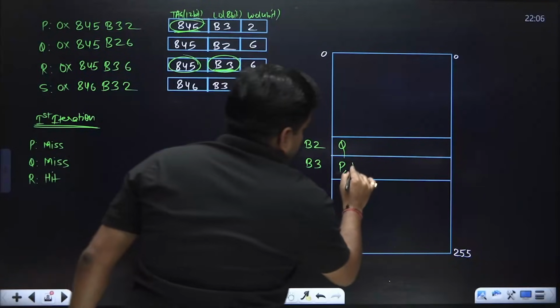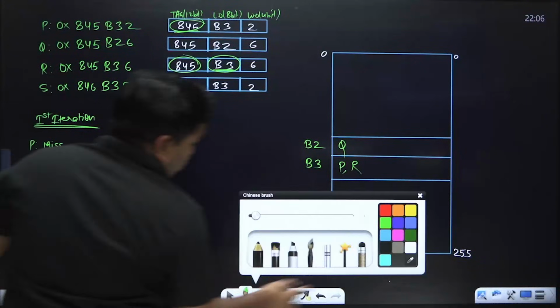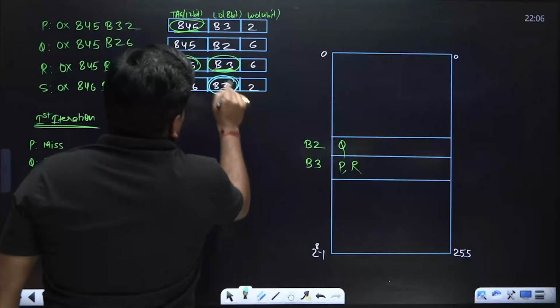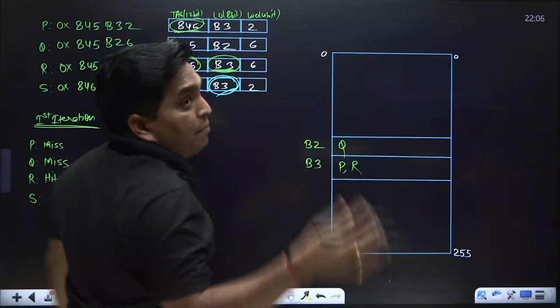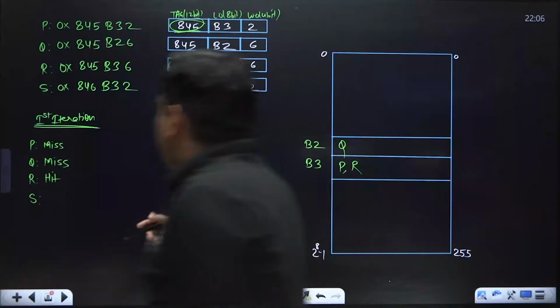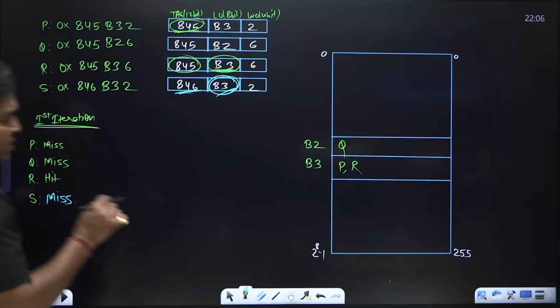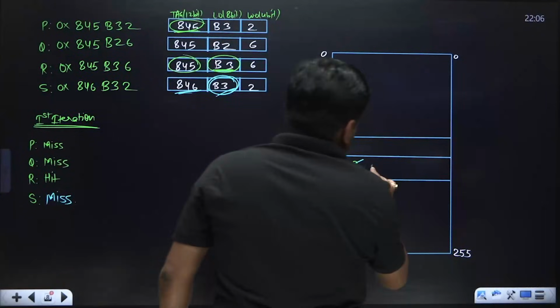So P and R are here. Next S, that is also mapped to B3 but the tag is different. That means it is a different main memory block. So it is a miss. So we replace this and bring S.